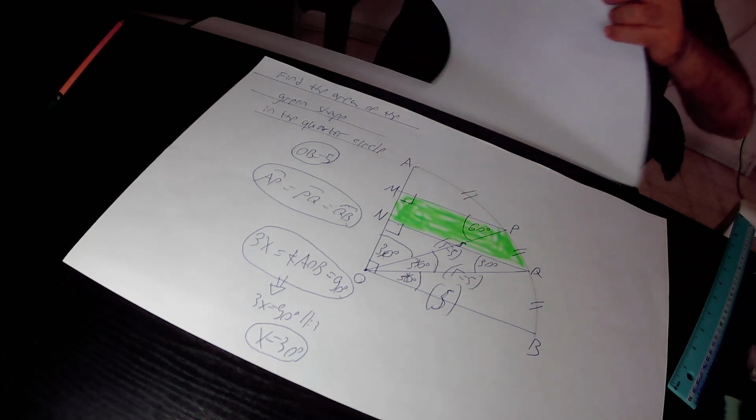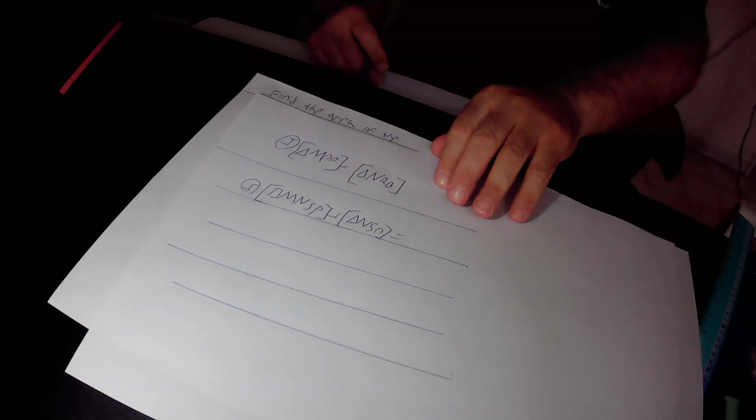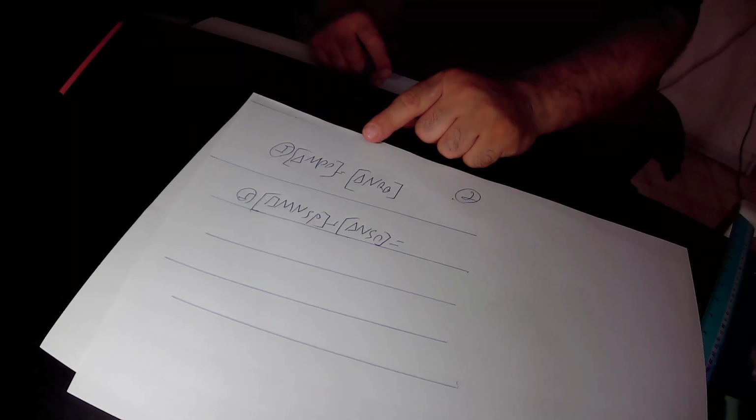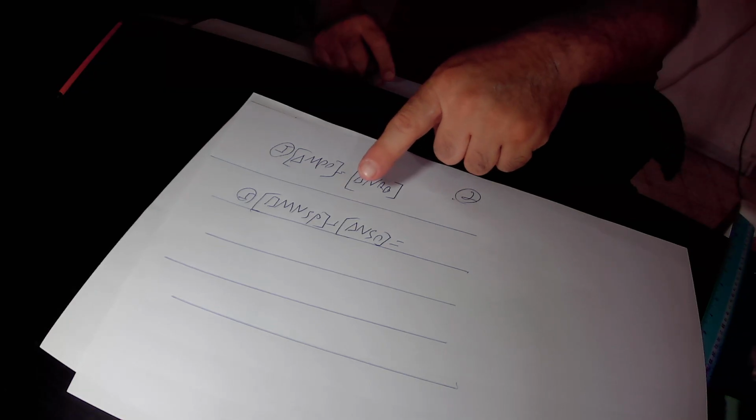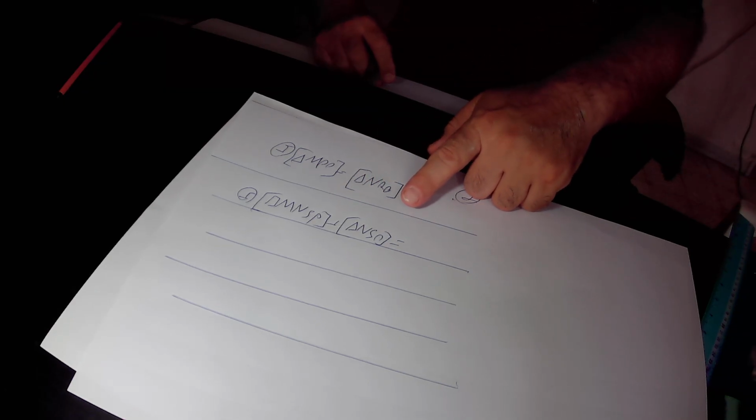So repeat again. The area of the right triangle MPO must be equal to the sum of the areas of the two components that it consists of. That is to say, it must be equal to the area of quadrilateral MNSP plus the area of the right triangle NSO.